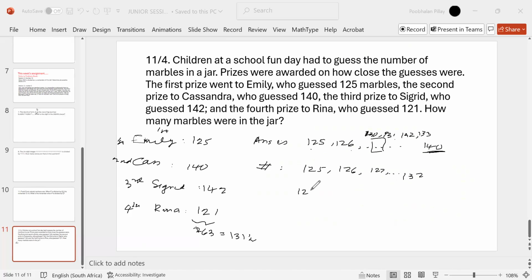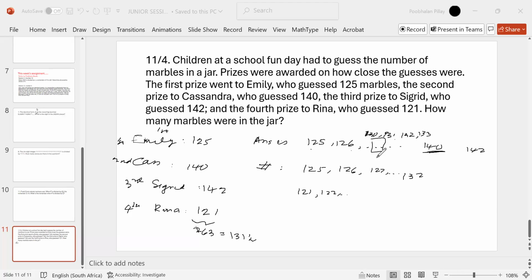It is here, 121, 122. But she's third, you see. So she's even further away from the answer. So 142 is third. So 142 is closer to the answer than 121.